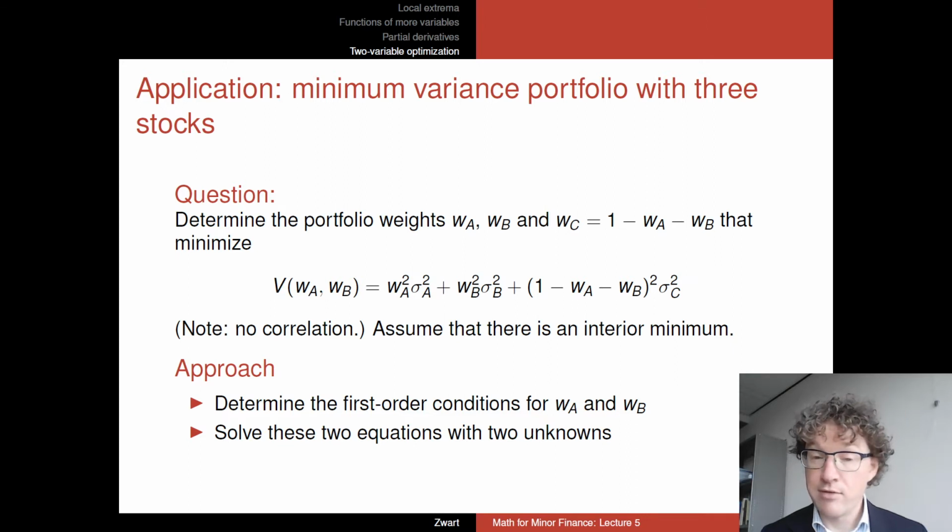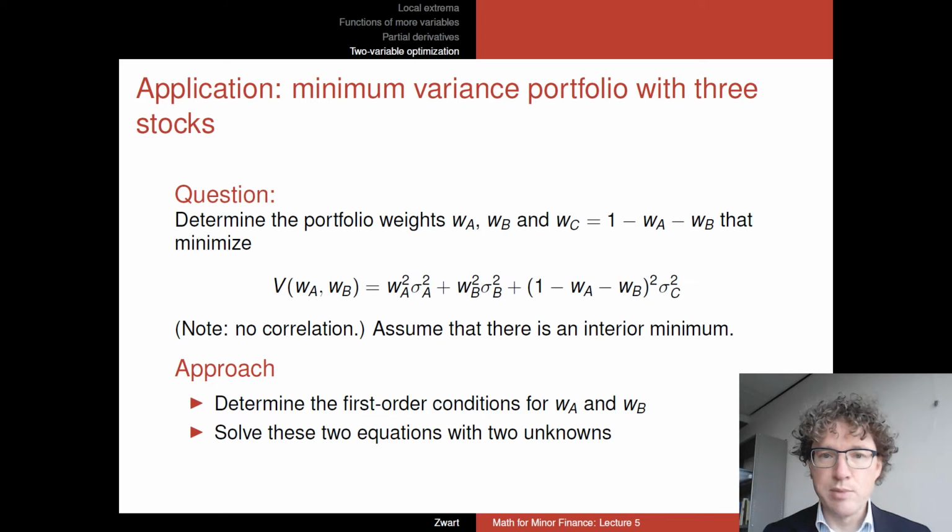And we therefore have to determine what weight of our investment amount are we going to put on stock A, what's the weight that we'll put on stock B, WB, and what's the weight that we'll put on stock C. Well, that will then be the remainder, given that we have to invest actually the total 100% or 1 unit of investment money that we have available.